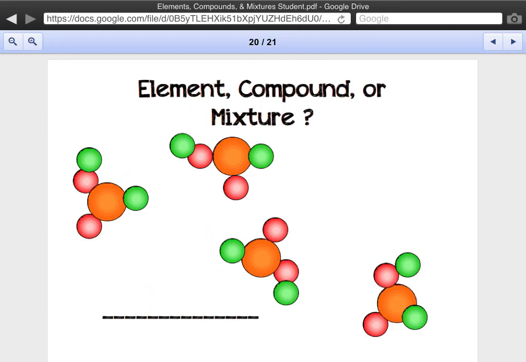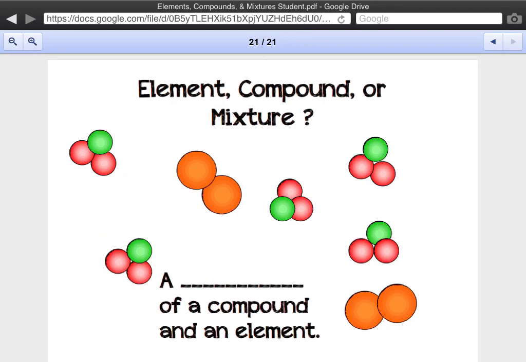Do you think this is an element, a compound, or a mixture? If you said compound, you are correct. There are actually 1, 2, 3 different types of elements that are chemically combined, chemically bonded. That makes them a compound.